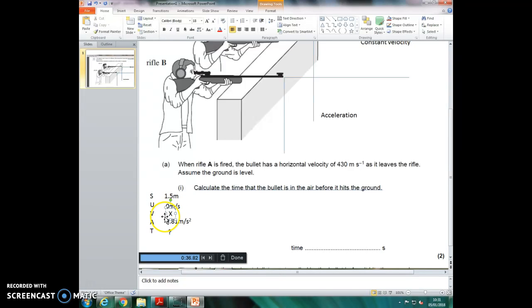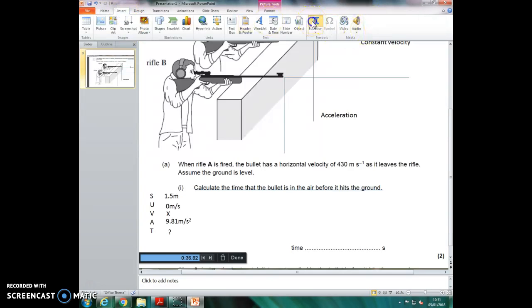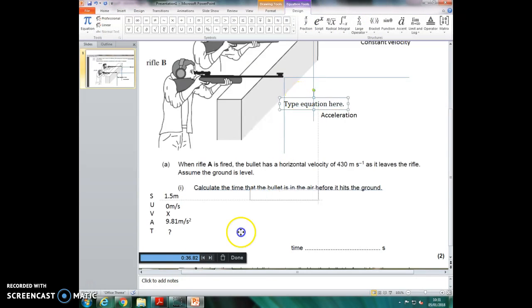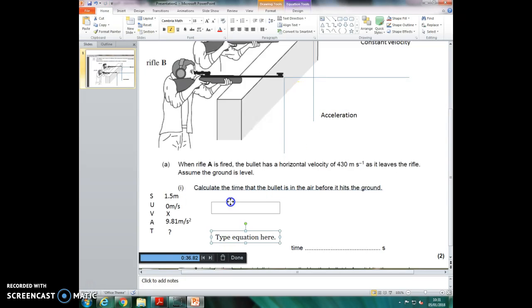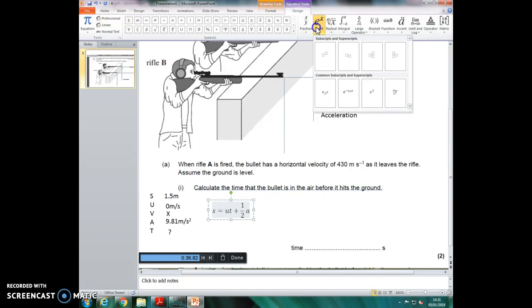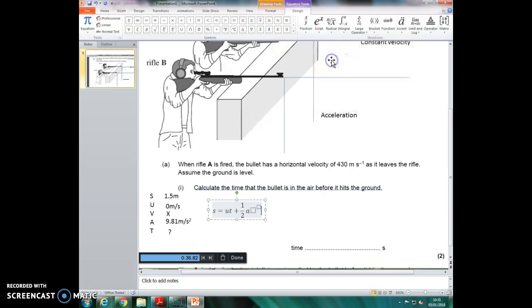And we'll find that the equation that we want to apply is the displacement is equal to ut plus a half at squared.